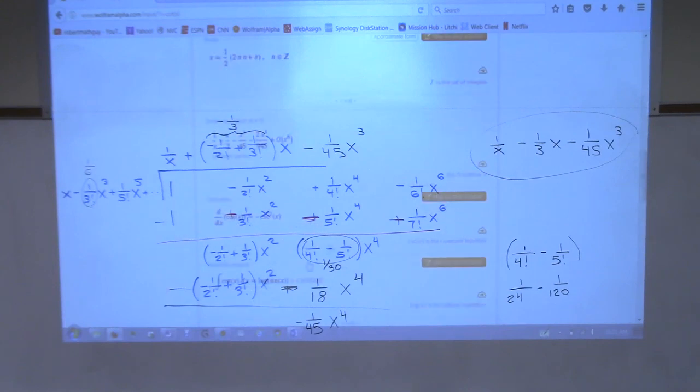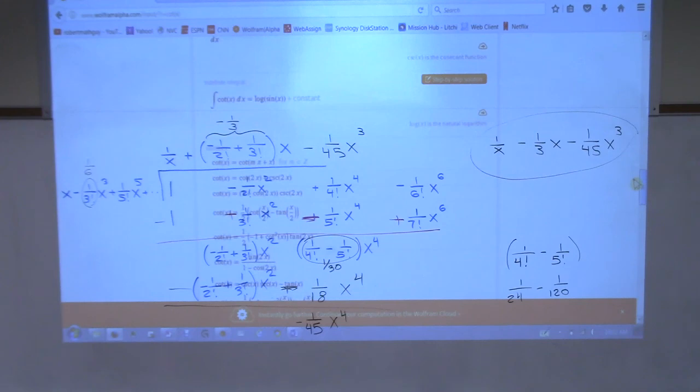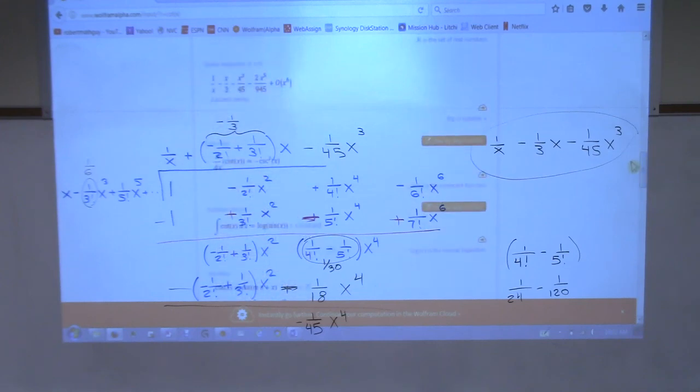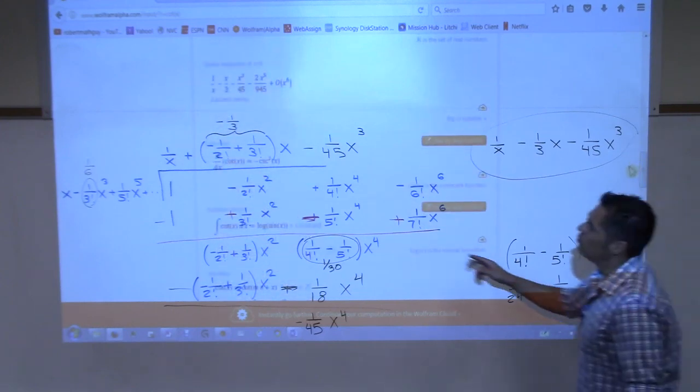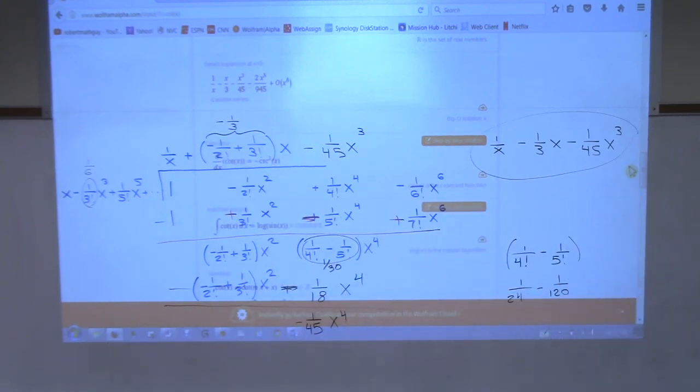My computer's not moving. There it goes. There it is. Okay. So there it is: 1 over x minus 1/3 x minus 1 over 45 x cubed, blah, blah, blah.